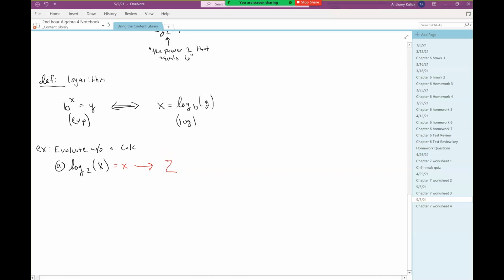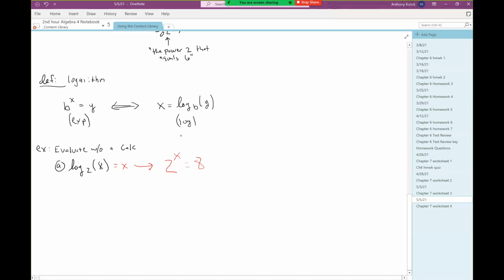So I'm going to have 2. What the logarithm equals is the exponent for my exponential, so that's x. And the number inside my logarithm is what the exponential is going to equal. So we're left with 2 to the x is equal to 8.